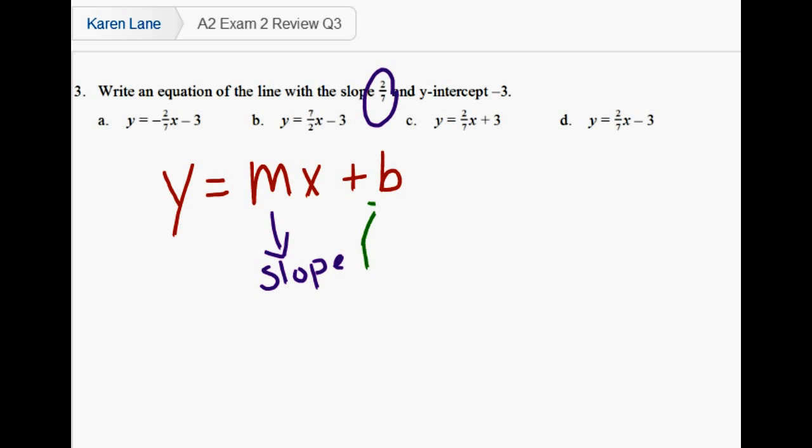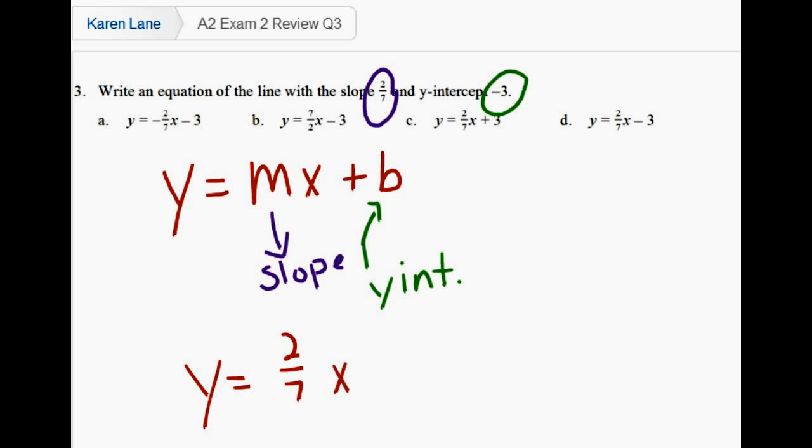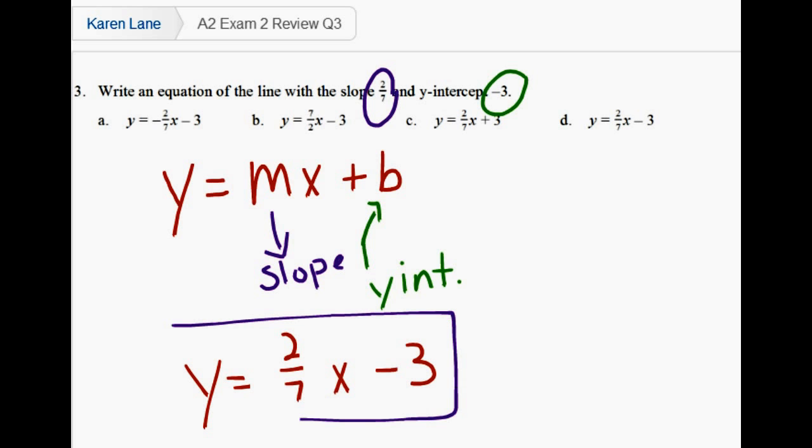And the plus b stands for the y-intercept, which they also gave us. So for this problem, we're just filling in the formula. So y equals 2/7x plus -3, which is the same as -3. And that is your answer.